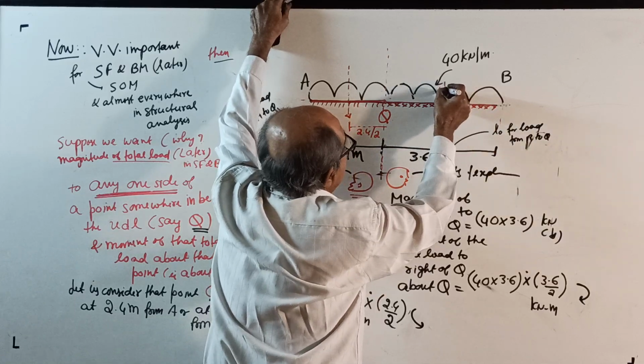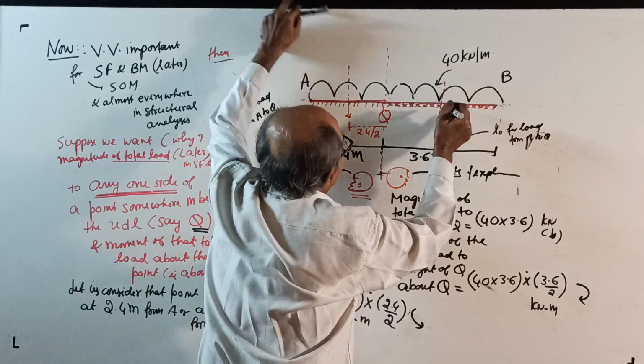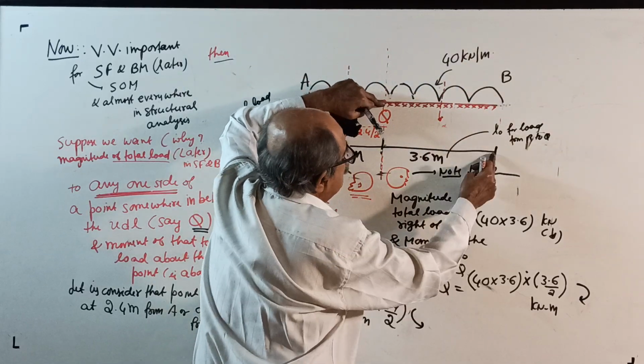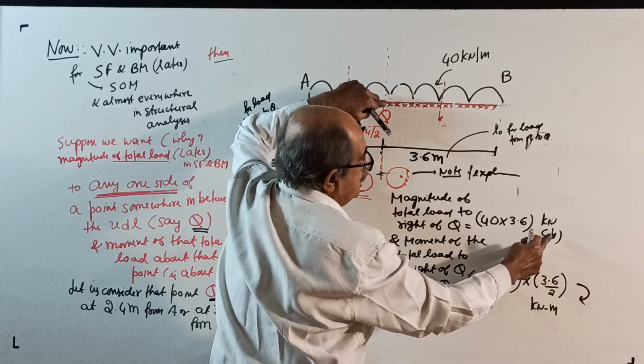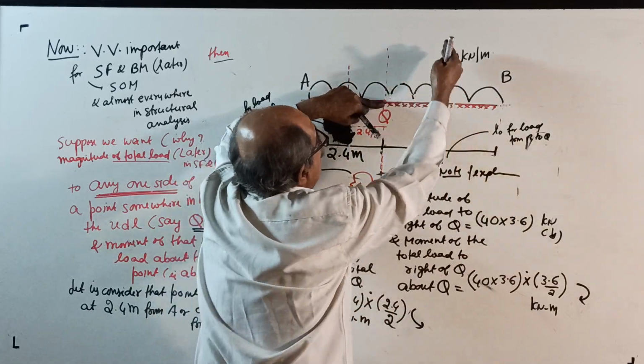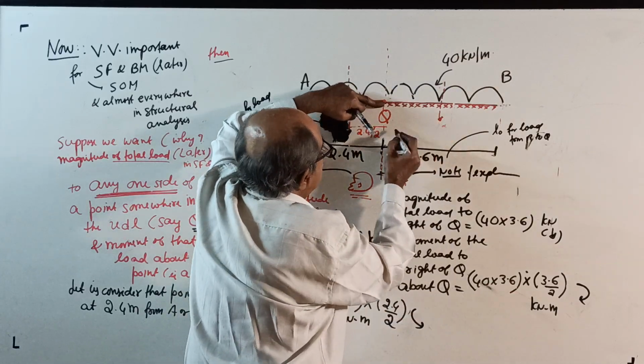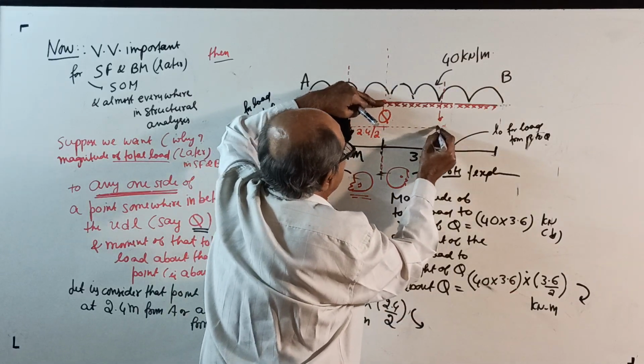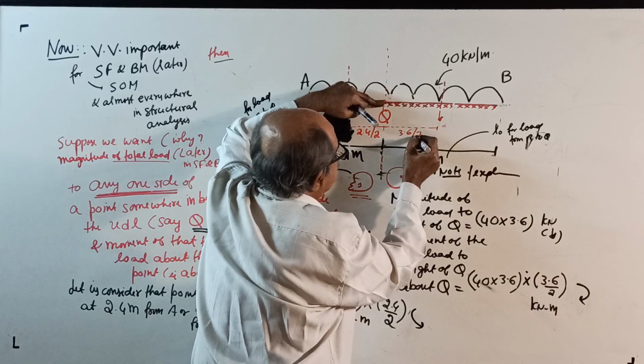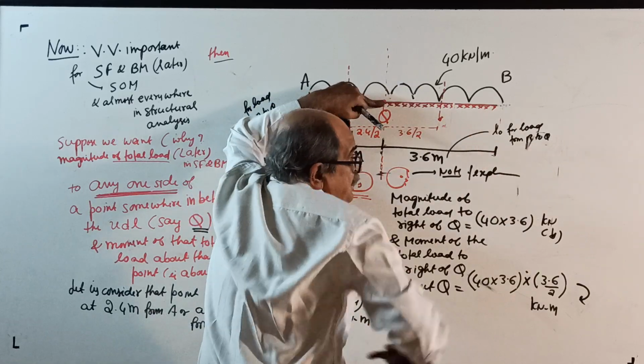Now, the total load is acting here. How much? 40 into 3.6 kilonewton down, and moment equals total load 40 into 3.6 into 3.6 by 2. That will be like this.